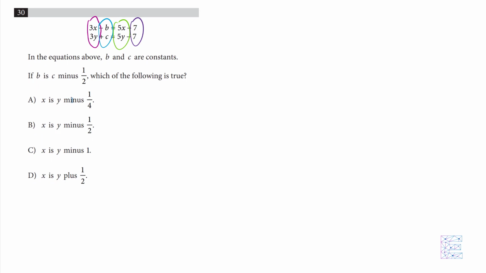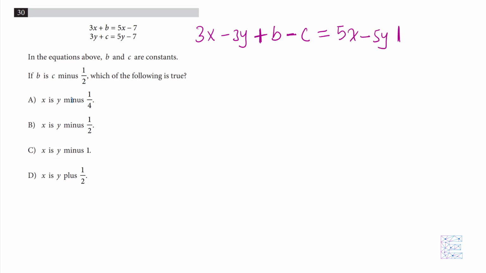We would have 3x minus 3y, and then plus b minus c, and that should equal, the other side is 5x minus 5y plus negative 7 minus 7, which becomes a plus 7.